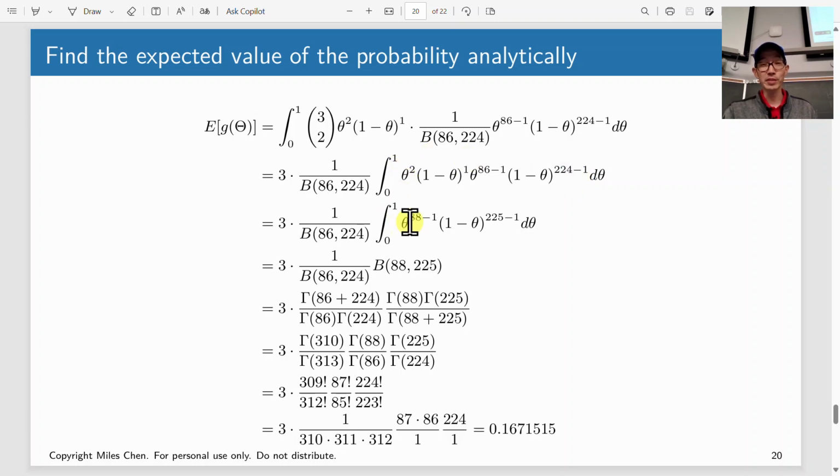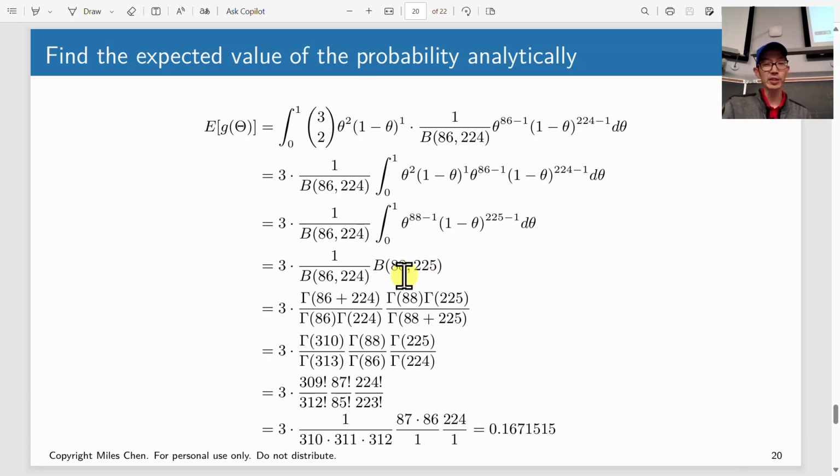We combine all of these things, we get theta to the 88 minus 1, and 1 minus theta to the 225 minus 1. And again, we're using that relationship where the integral of this thing can be evaluated to our beta function. So we get the beta function with parameters 88 and 225.